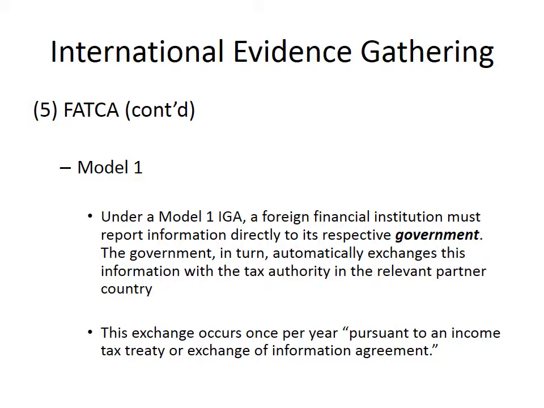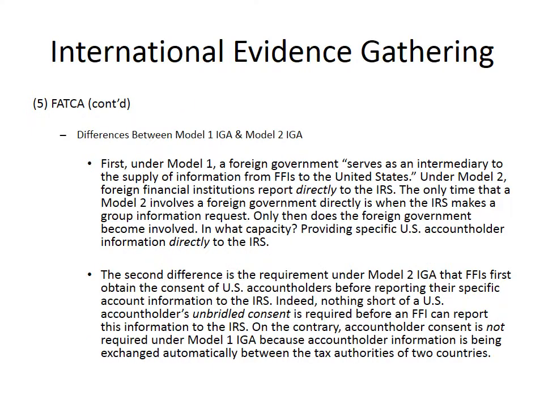And this exchange usually occurs once per year pursuant to an income tax treaty or exchange of information agreement. What are the primary differences between Model 1 and Model 2?